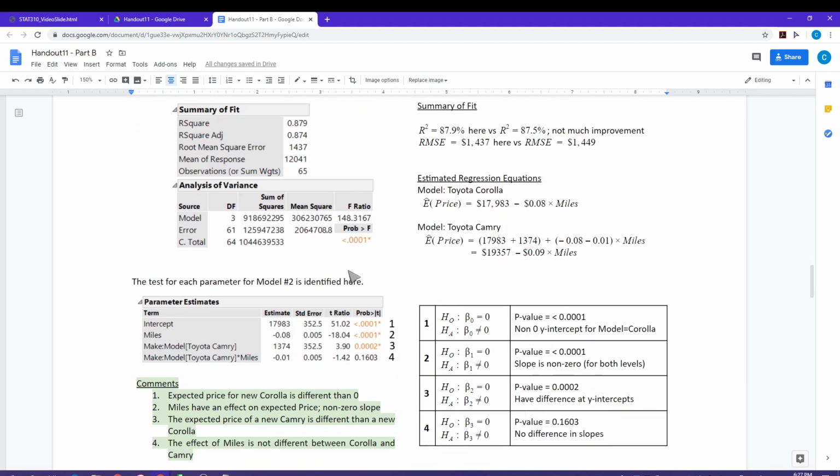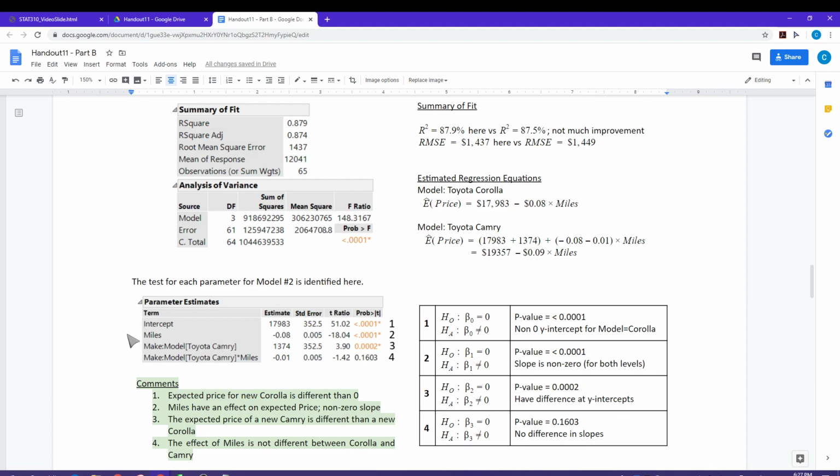If I want to write out the models, I would use the intercept and the miles for a Corolla again, because remember, for a Camry, the indicator term is equal to 0 when I'm talking about a Corolla. That's how JMP has set it up. I know that because Corolla is missing here.